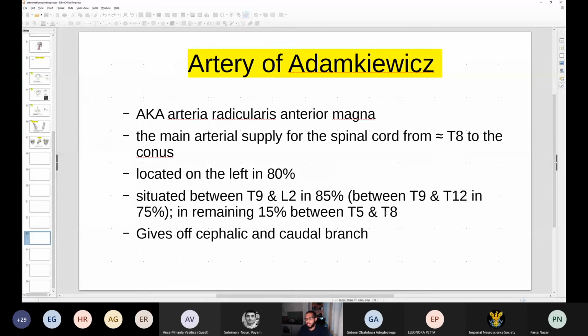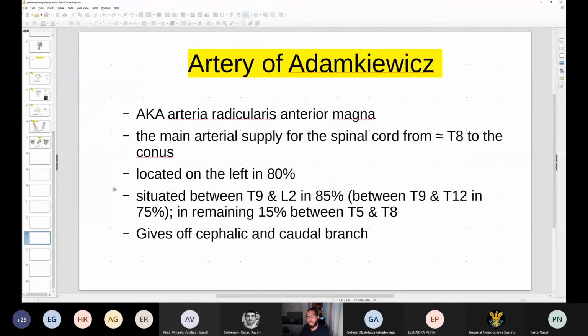But this is a small percentage, and in general, when you're thinking about the artery of Adamkiewicz, just remember that it supplies the whole lower thoracic cord and all the way down to the conus. And we said that it gives off cephalic and caudal branches.